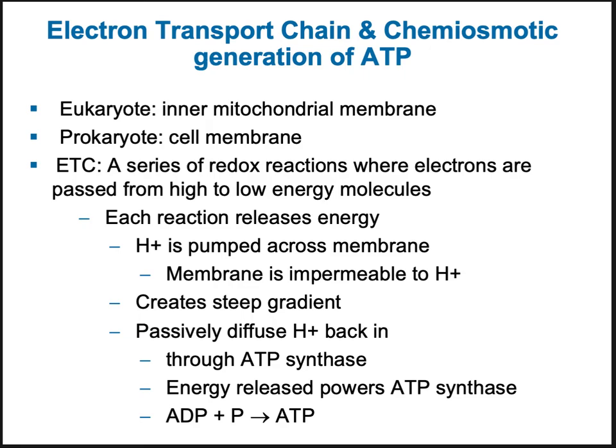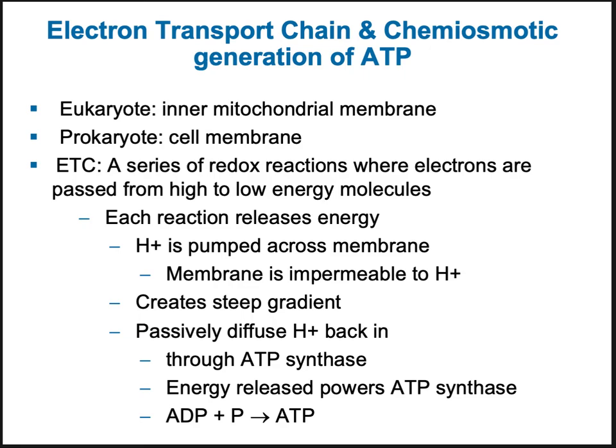Okay, so electron transport chain is a series of redox reactions where electrons are passed from one molecule to the next, and it'll be a higher energy molecule passing to a lower energy molecule, and this releases energy.